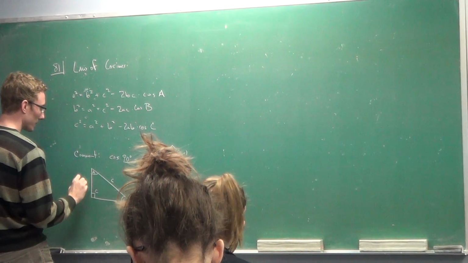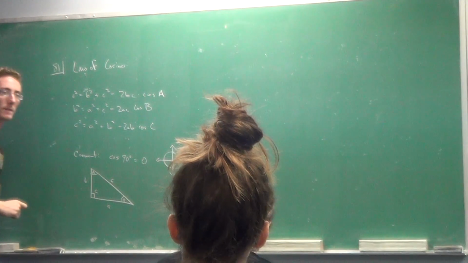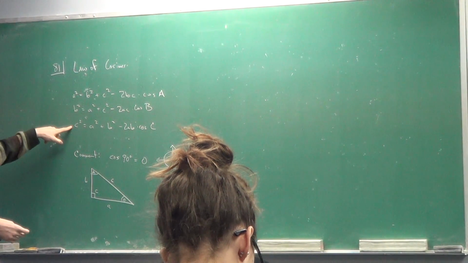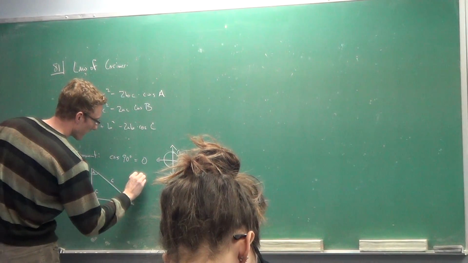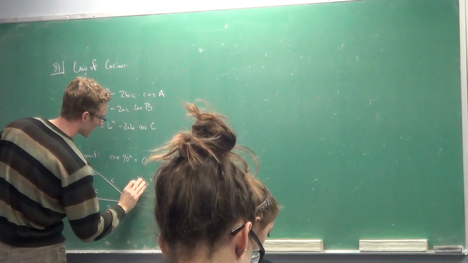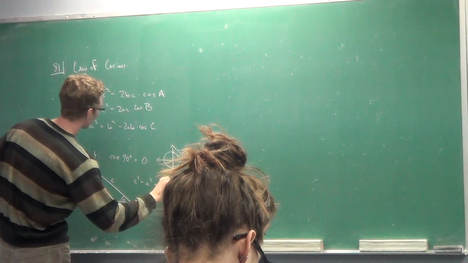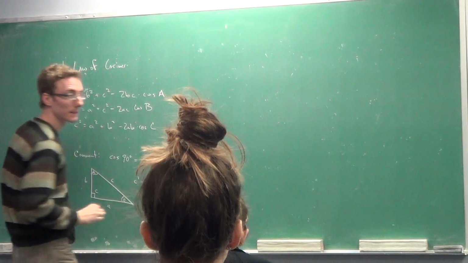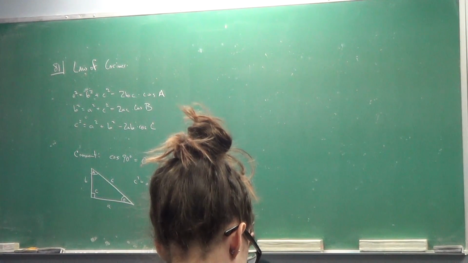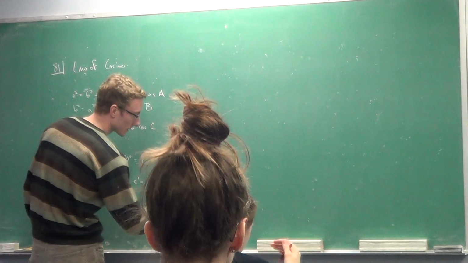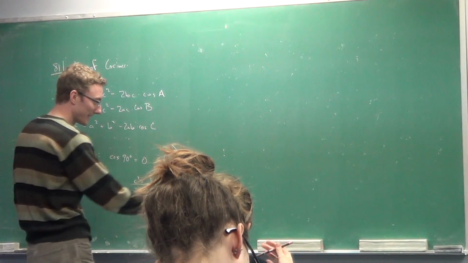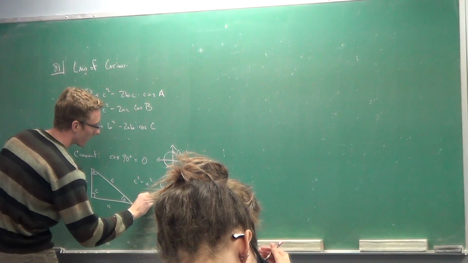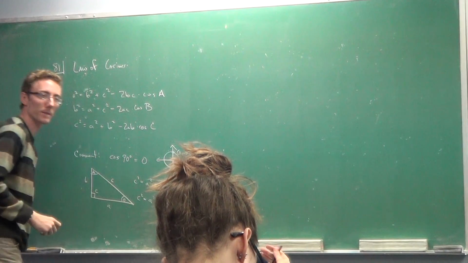Here's angle B and angle A, side A and side B. If you used this form of the law of cosines, C squared equals A squared plus B squared minus 2AB times cosine C. Cosine C is cosine of 90, which is 0. And 0 times 2AB is 0. And you end up with that.